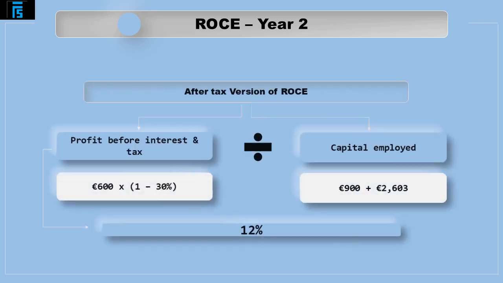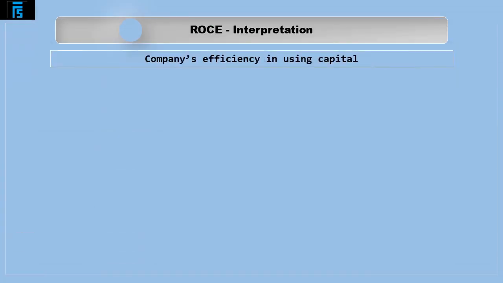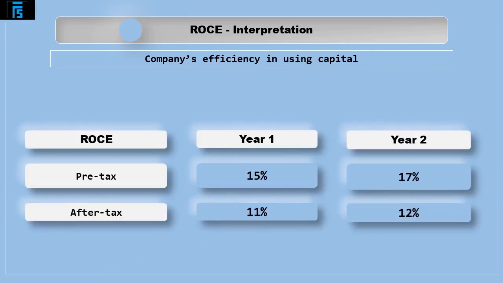After-tax ROCE computed in respect of year 2 amounts to 12%. Return on capital employed shows a company's efficiency in using capital, and as you can see, in the analyzed case, this efficiency improved year on year when viewed from both a pre-tax and after-tax perspective.